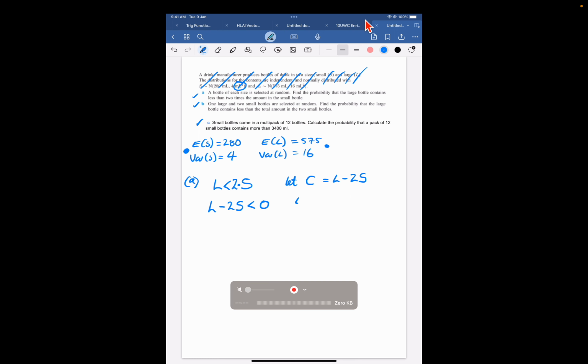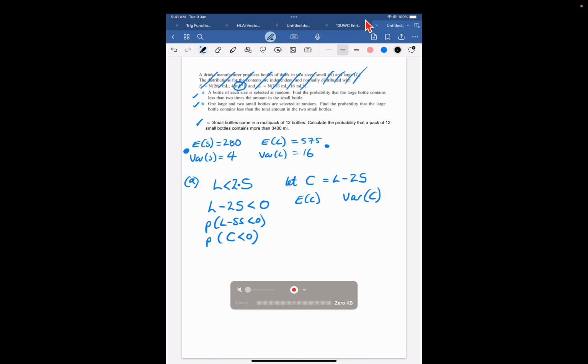Now we want to find E of C and var of C. That's key to this. Eventually we're going to use the probability of L minus 2S less than 0, which is essentially the probability of C, the combined distribution, being less than 0. It's quite a lot of things to process here, so let's go ahead and do that.